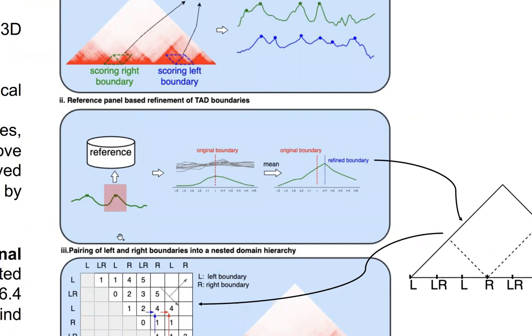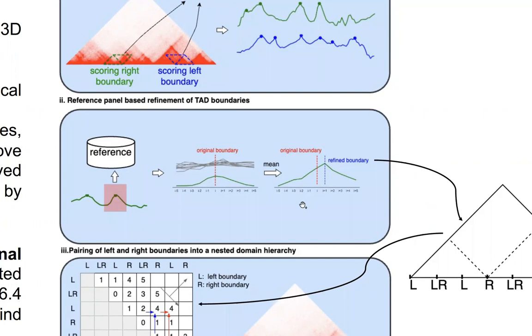We believe these annotations refer to the same location. We compute the refined boundary score for this small region as the mean of scores from all samples. The refined boundary annotation is the local maxima of the mean. In the end, we will have a list of left and right boundary annotations.